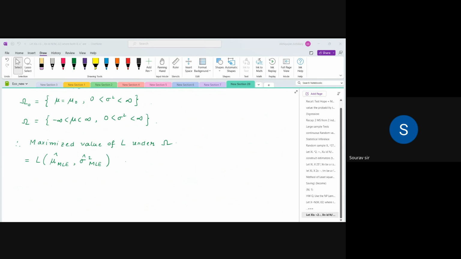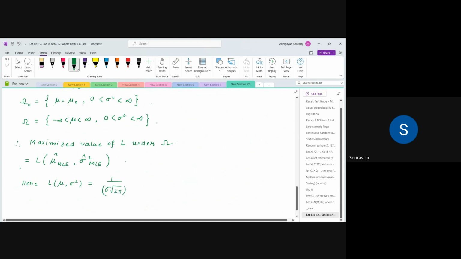So first of all, let me write down the likelihood function once more. What is your L of mu comma sigma square? It is 1 by sigma root over 2 pi whole to the power n, e to the power minus 1 by sigma square summation xi minus mu whole square.